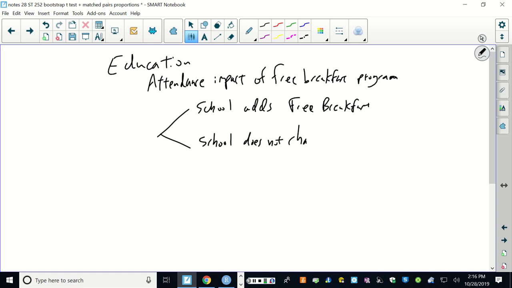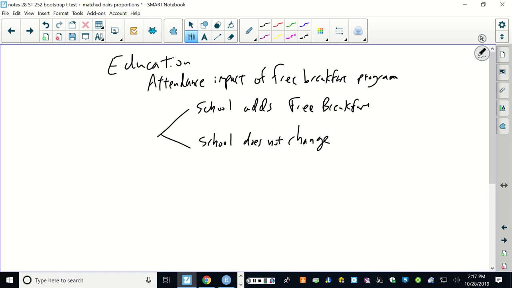And the alternative is the school does not change, right? So you could randomize and say this group of schools gets free breakfast, and then look at other schools that don't have it, and then compare attendance. What percent of the students are there on certain days, or certain 20 days out of 25, or something like that, right? But there's a lot of noise in this.